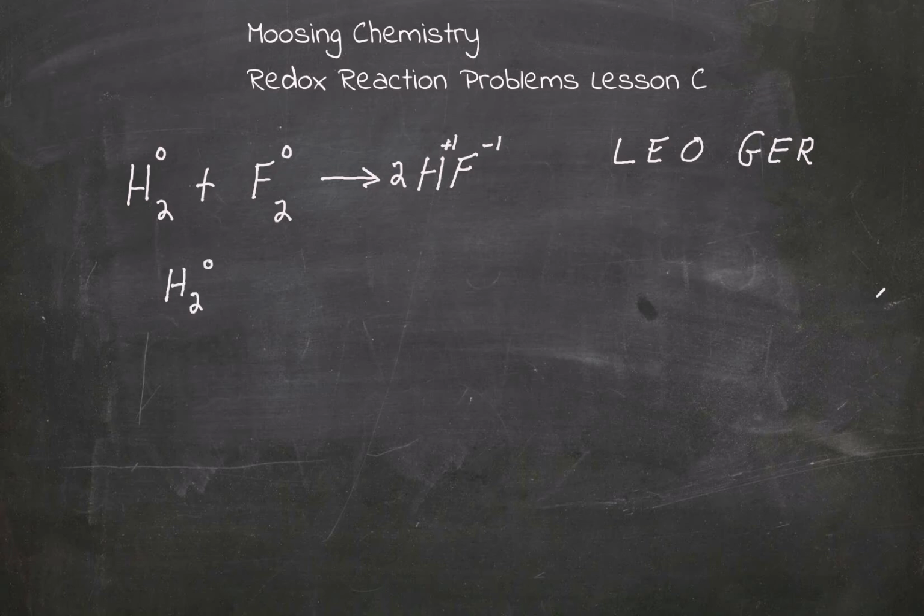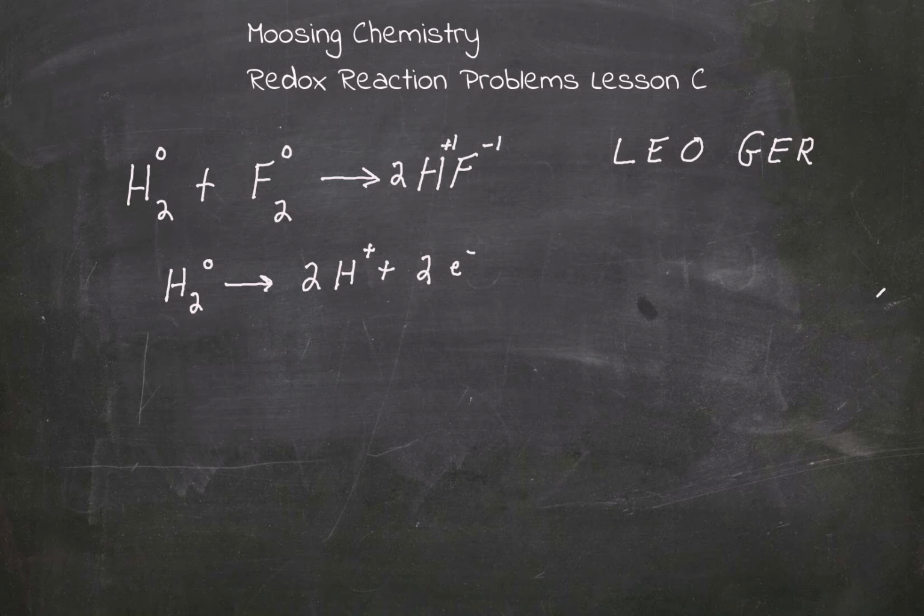All right, so now we have hydrogen. So hydrogen is neutral, and we get 2 hydrogens on this side, and each hydrogen has a plus sign. So that means each hydrogen is going to give up 1 electron. However, we have 2 hydrogens there, right? So that means we're going to give up not 1 electron, but 2 electrons.